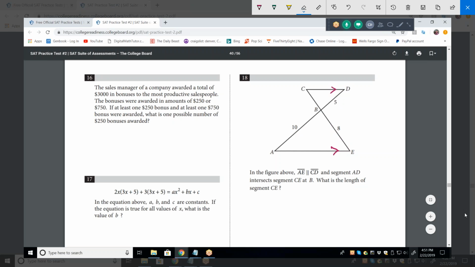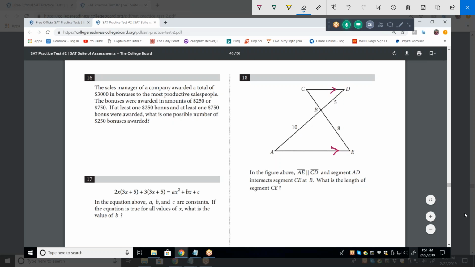Tell me how you're going to solve this conceptually. What kind of triangles do we have? Scaling triangles? No, what I meant was in relationship to one another.